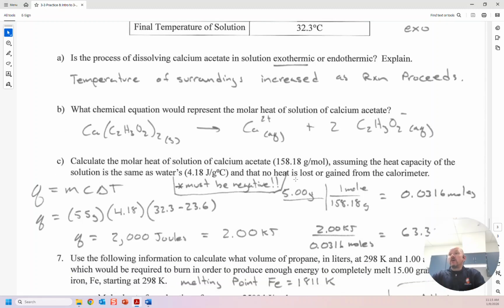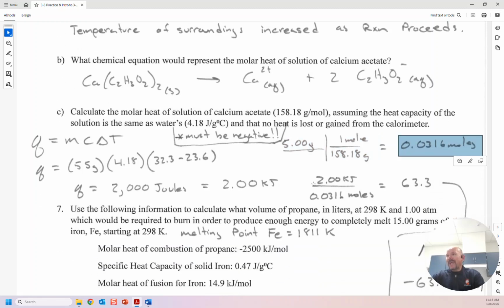All right. So if I take my 5 grams and divide by the molar mass, which they gave me, that tells me how many moles reacted. I take the total amount of energy produced by the reaction, divide it by the number of moles that reacted, and that gives me energy per mole.